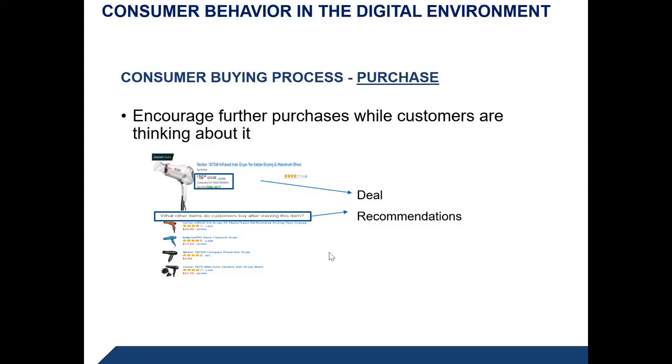So there's a lot of psychology behind how firms are organizing their websites and what type of social cues they are giving to consumers on the website. You also have to understand why consumers are coming onto your website. Are they coming to purchase deals, or are they coming to purchase products because they value quality?